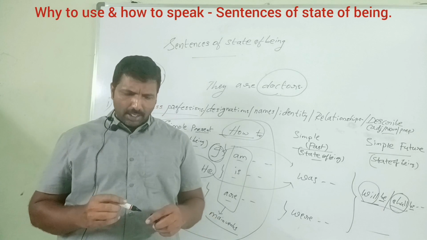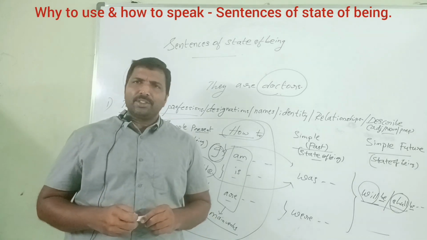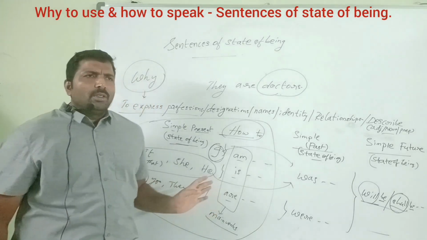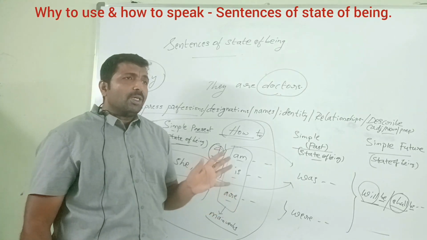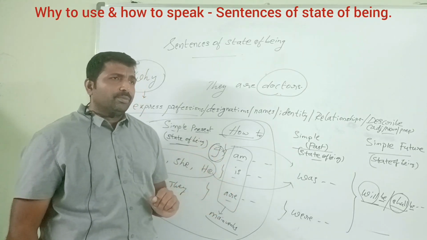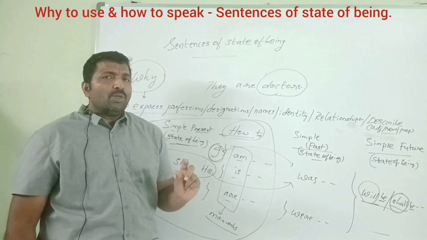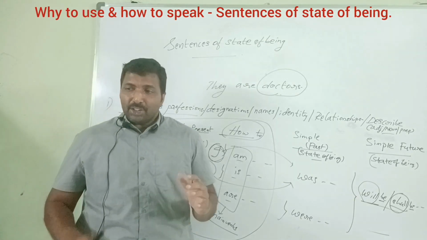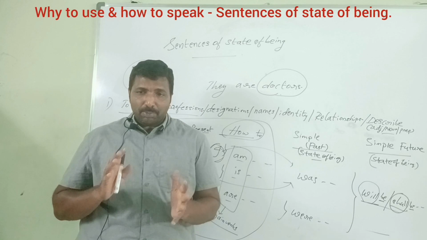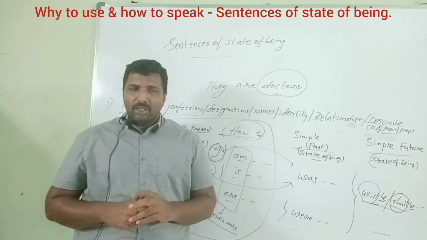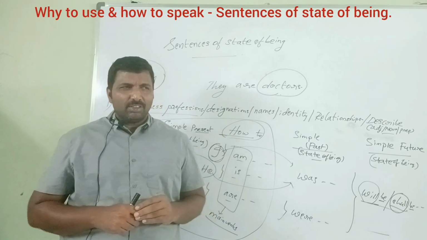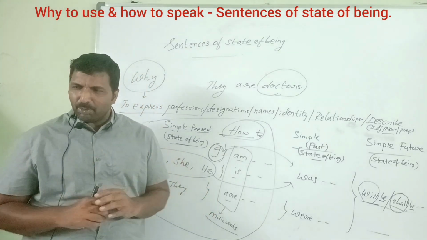Busy is an adjective, they are busy. He is honest. Honest is an adjective. We describe the subject with adjectives. He is always with patience. We describe his behavior with prepositions also. He is always in confusion. We describe him by using prepositions.